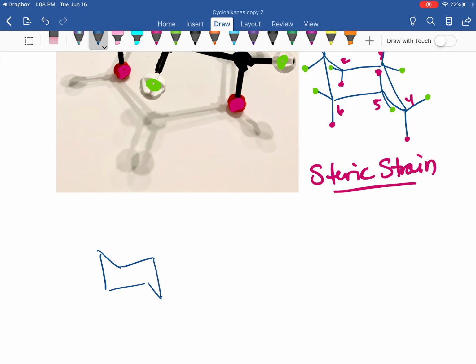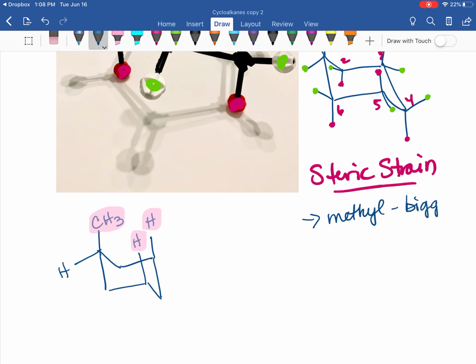As we're looking at our chair, if I put a methyl group up here, axial, it is close in space to the other axials. Isn't that our definition of steric strain? So once we put something like a methyl or even bigger, that axial position has steric strain.